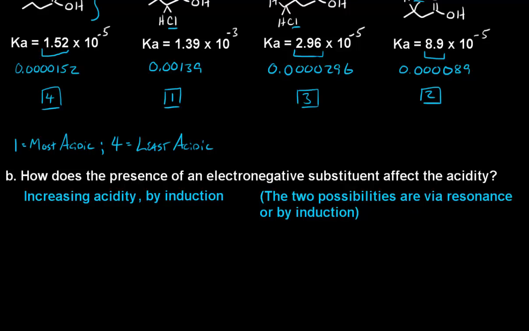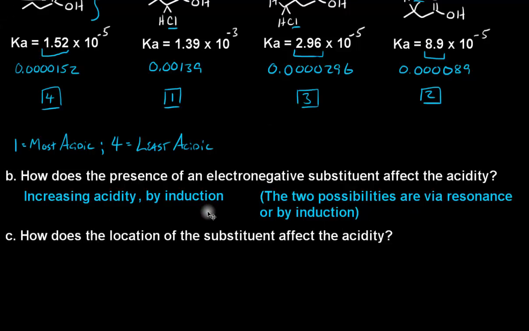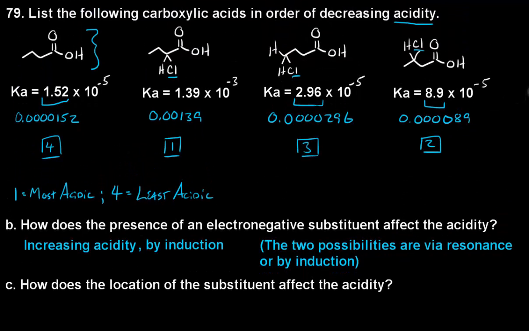Okay, so finally, the next question is, how does the location of the substituent affect the acidity? Overall, this is a pretty easy question. We've already narrowed it down between induction and resonance. If you look at these guys, all of these chlorines are electronegative, much more electronegative than carbon.